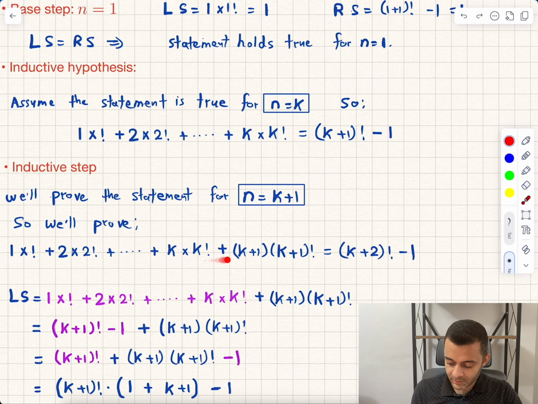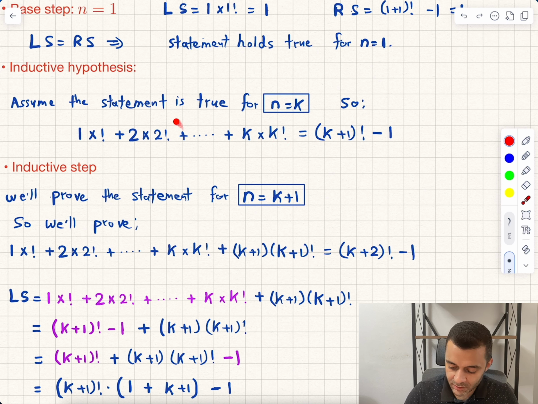Let's start with this left hand side. Notice that the left hand side as it is, 1 times 1 factorial up to k plus 1 times k plus 1 factorial. But here I wrote these terms in purple for a purpose, just from 1 to k factorial. Because don't forget that from 1 factorial up to this k factorial, this is what we assumed to be equal to k plus 1 factorial minus 1.